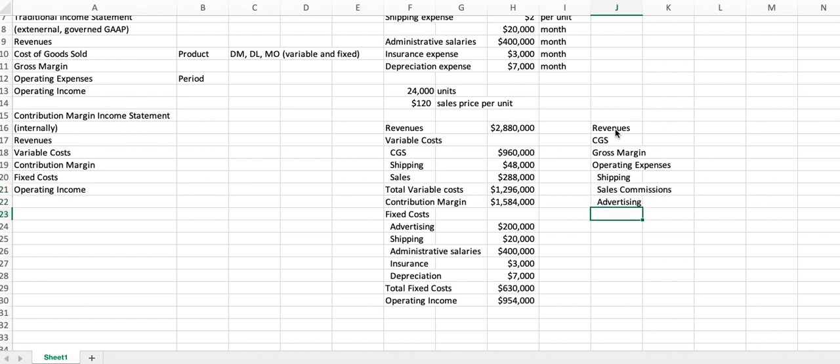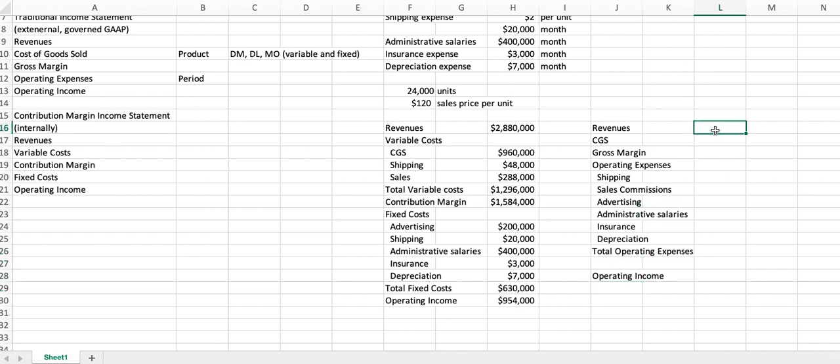I've got my advertising. I've got my administrative salaries. I've got my insurance and my depreciation. And so I think I got everything. Shipping, sales commissions, advertising, administrative salaries, insurance. And that would give me my total operating expenses, and then I would have my operating income.